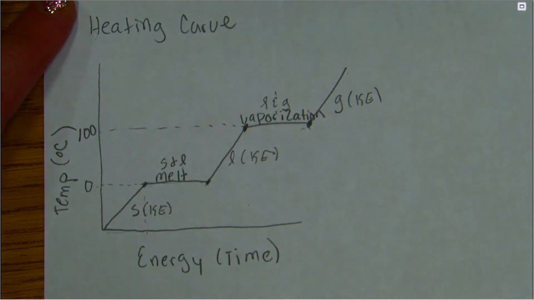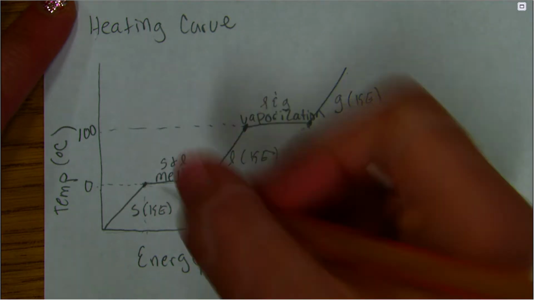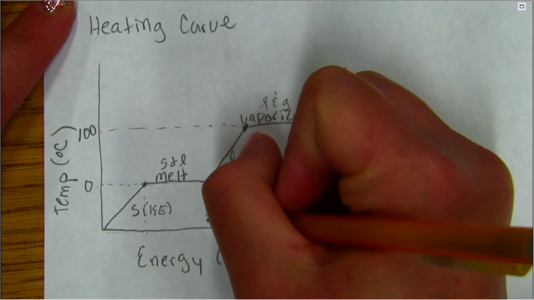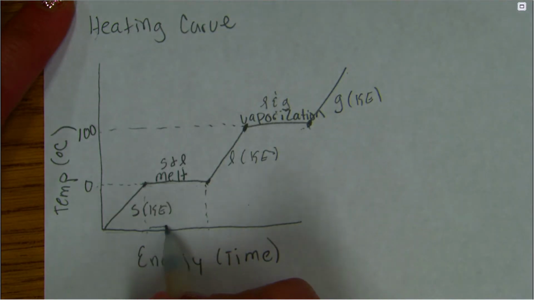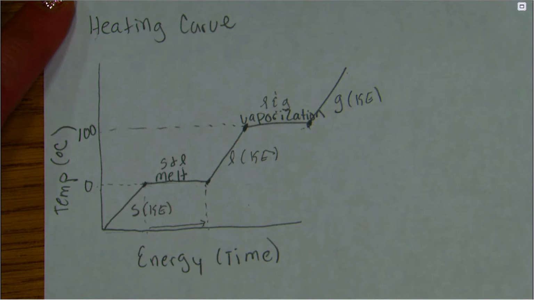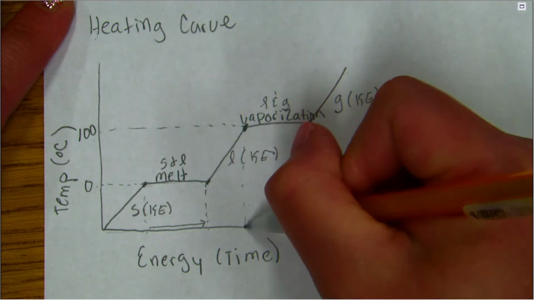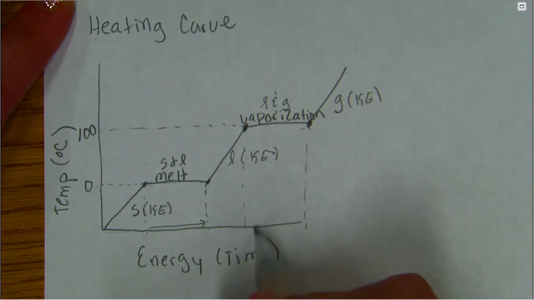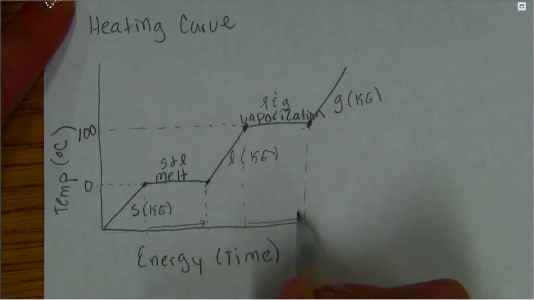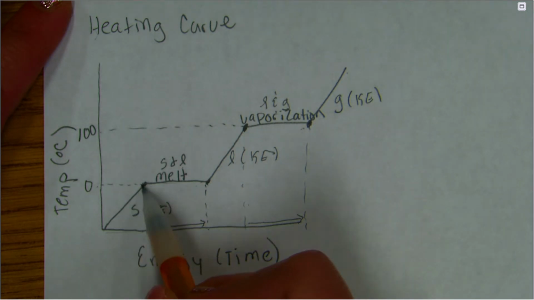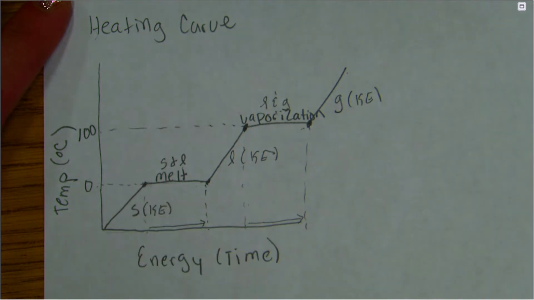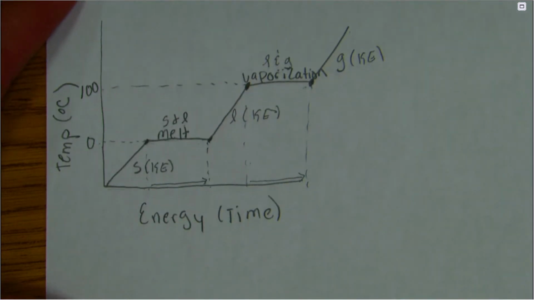So my temperature is not changing, but what is changing? The amount of heat energy being added. So as I melt, the amount of energy is increasing. And for my vaporization, again, the amount of energy is also increasing. So I'm adding energy, but it is no longer changing the temperature. So where is that energy going? All right, and so that's kind of what we're looking at here.